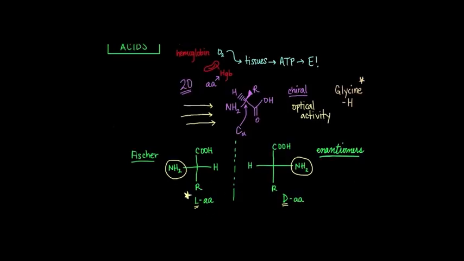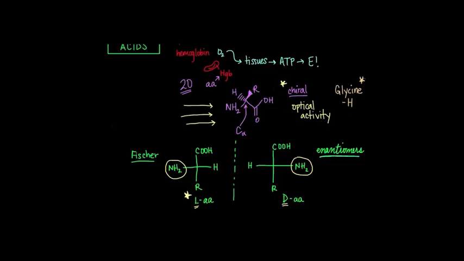All right, now how about we review a little bit about everything that we learned? First, we sort of got a big picture of where amino acids fit in a larger metabolic process, such as in the example of hemoglobin. And then we learned about the structure of an amino acid and the fact that the central alpha carbon is a chiral carbon with optical activity.